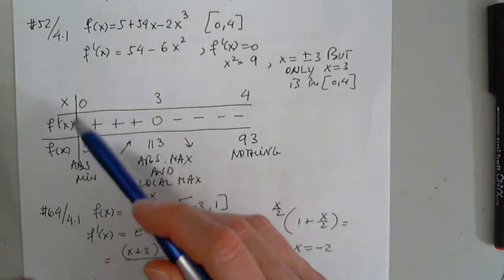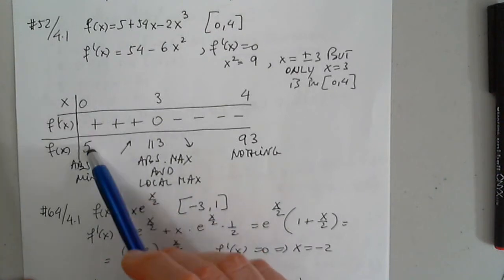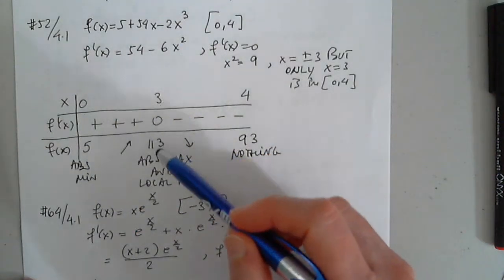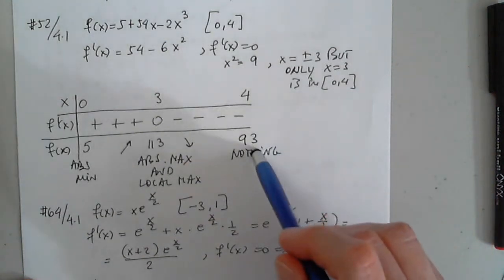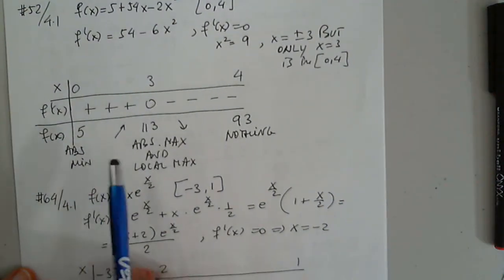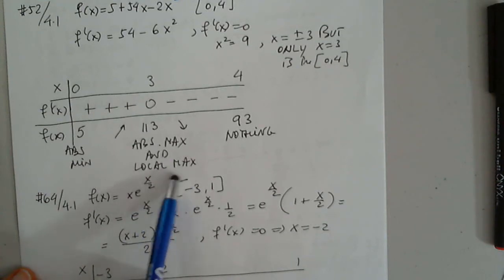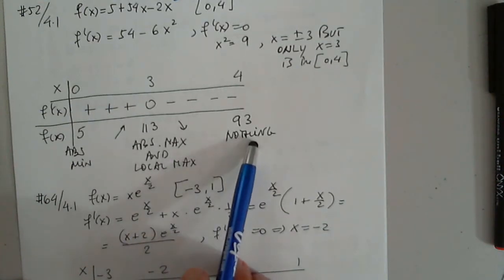So I plugged in the original function 0 and I got 5, in the original function 3 and I got 113, in the original function I plugged in 4 and I got 93. So this is the absolute min, this is the absolute max, also relative or local, and this is nothing.